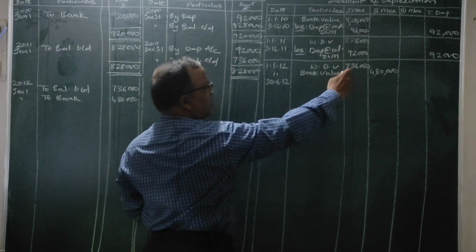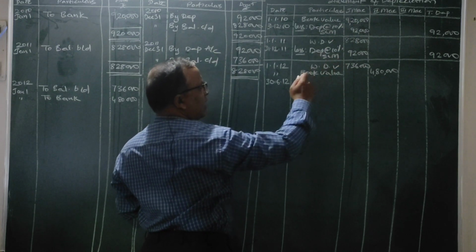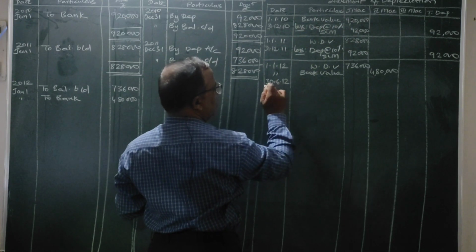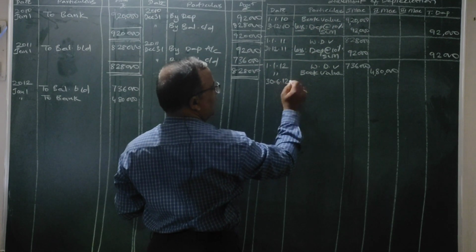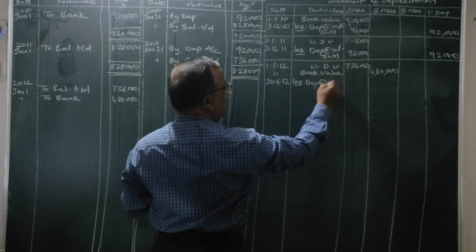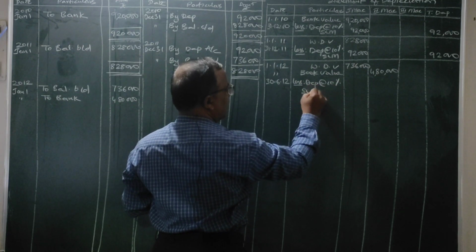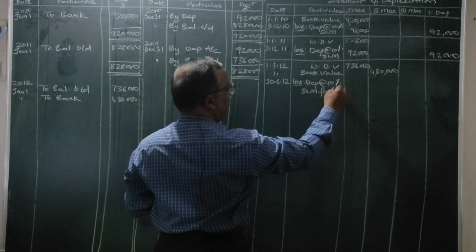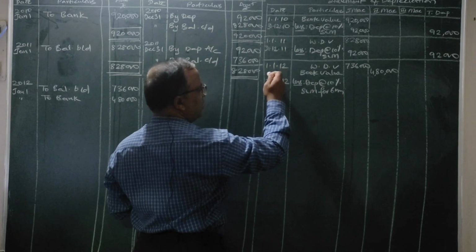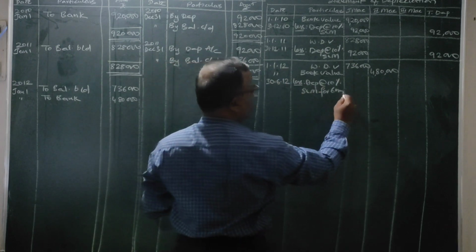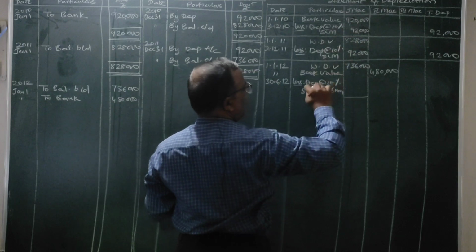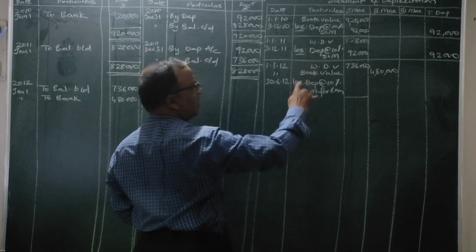Since he has used it for 6 months, we should calculate depreciation on this machine for 6 months. So up to 30th June 2012 we are going to provide depreciation at the rate of 10% under the straight line method for how many months? For 6 months. See, from January, February, March, April, May, June, up to 30th June. So if you provide depreciation for 6 months, how much will it be? We are following the original cost method or straight line method in this problem.